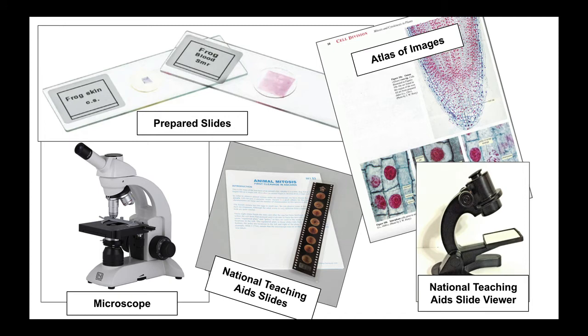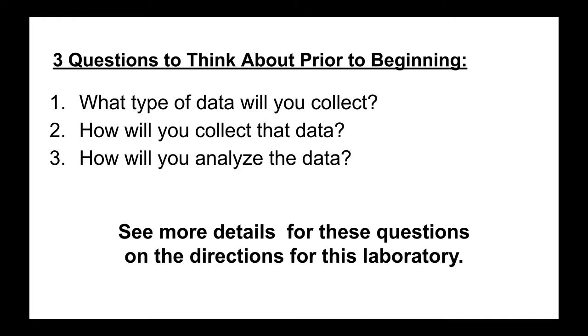You don't need to plug it in or anything. It has that white background that acts as the light, and it helps you make some observations. So those are all things to help you answer that question about the difference between plant and animal cell mitosis.